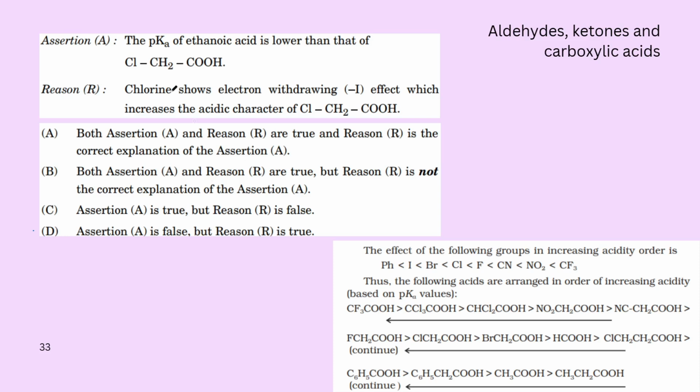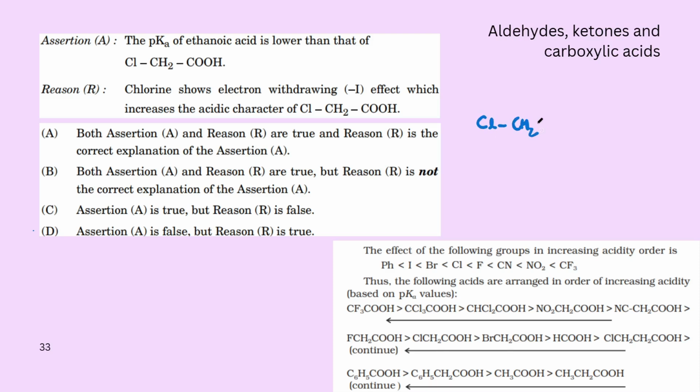First of all, the assertion over here is that pKa of ethanoic acid is lower than that of this. So this means that ethanoic acid is a stronger acid than ClCH2COOH. Okay, but that is not the case. That is because chlorine actually shows the electron withdrawing effect, and because of this it's easy to form the carboxylate ion.